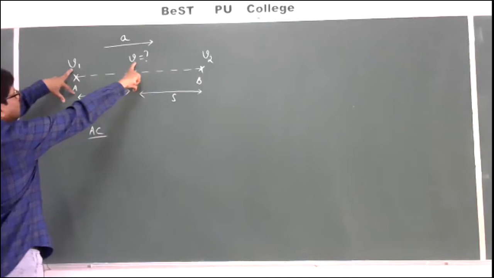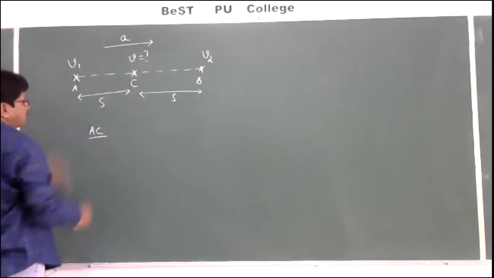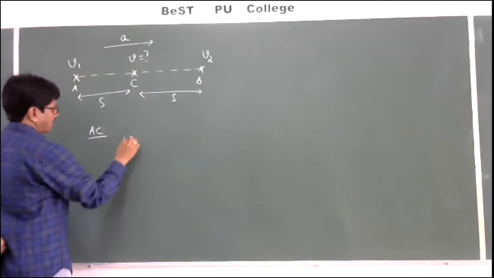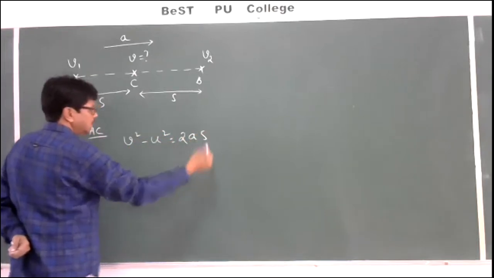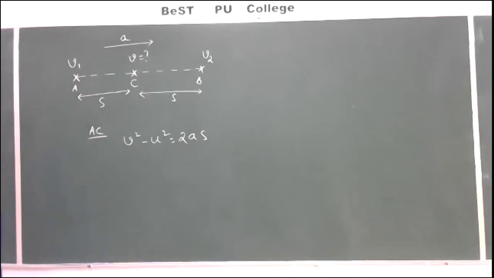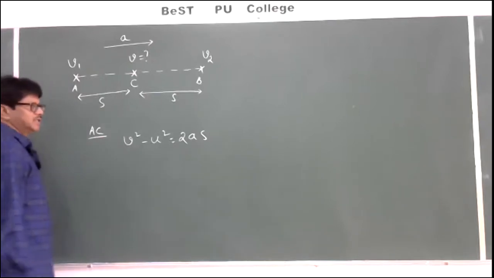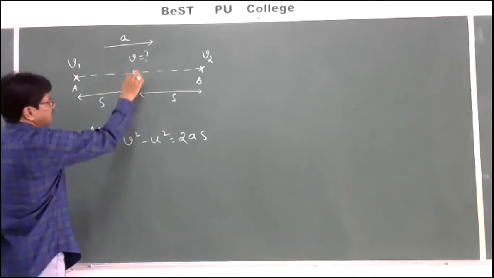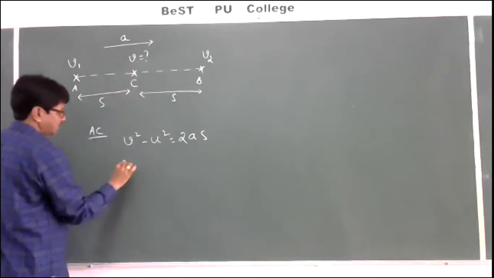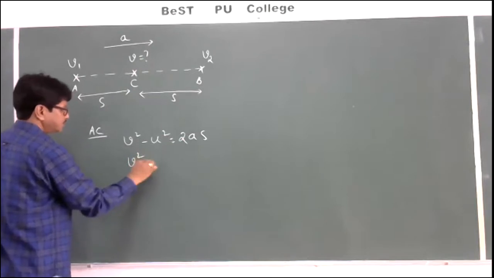Now, what formula will we approach? V square minus U square is equal to 2AS, where V is the final velocity. Here also the final velocity is V only.